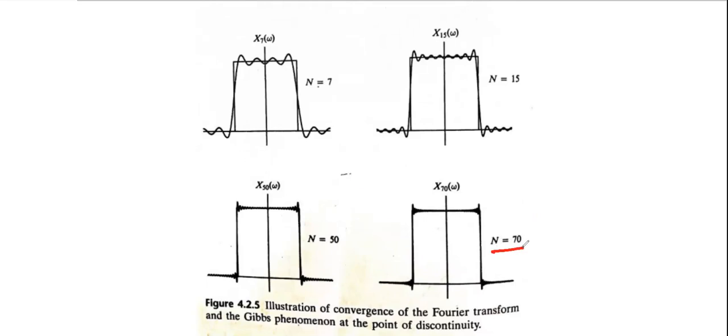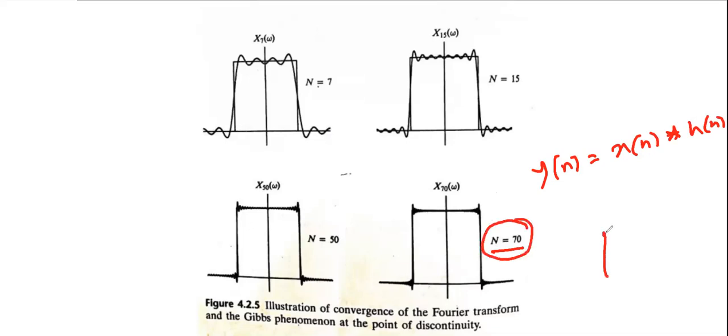To find the response of a system y[n], you need the input signal, and you need to do the convolution with your impulse response. This is your impulse response. Basically, these 70 samples are your system.